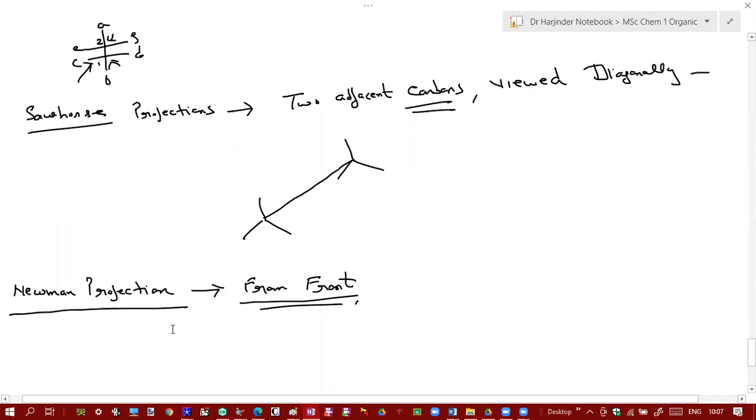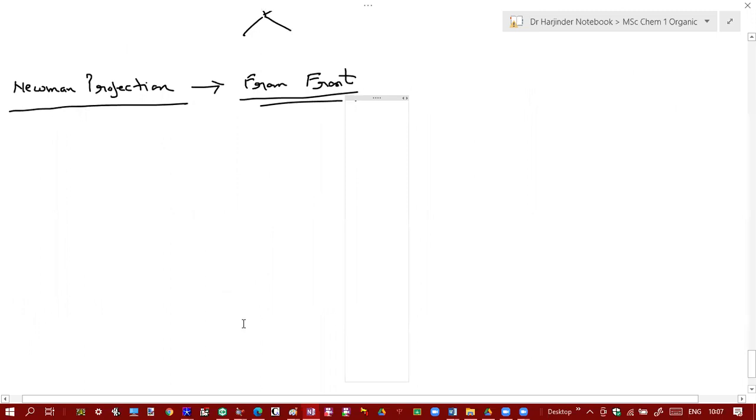When you view it from the front, your front carbon is represented by what, circle or dot? Dot. So your front carbon is represented by a dot, and the carbon atom behind it is represented by a circle, and the positions of the remaining groups are written as such.